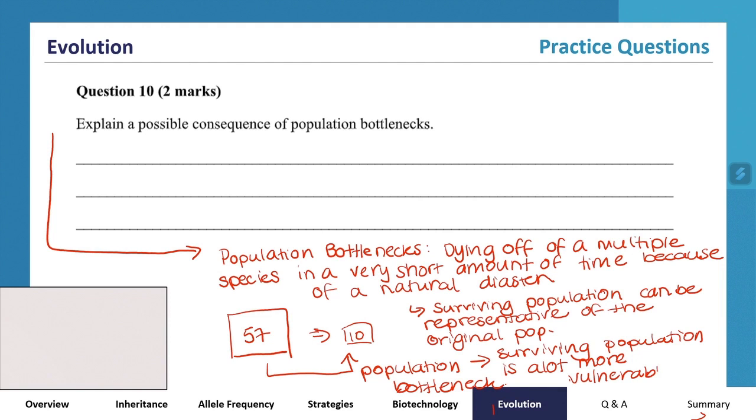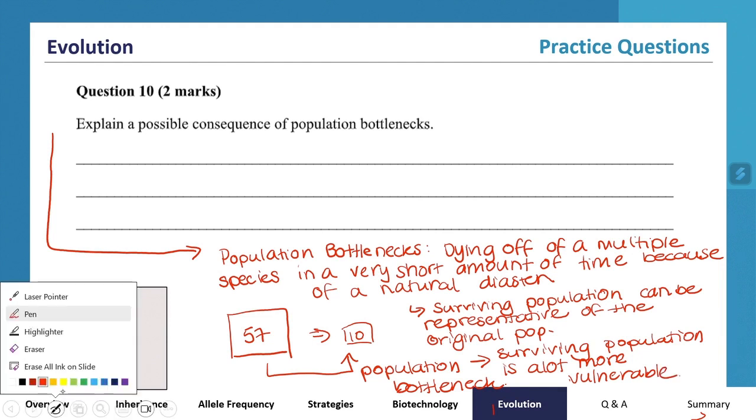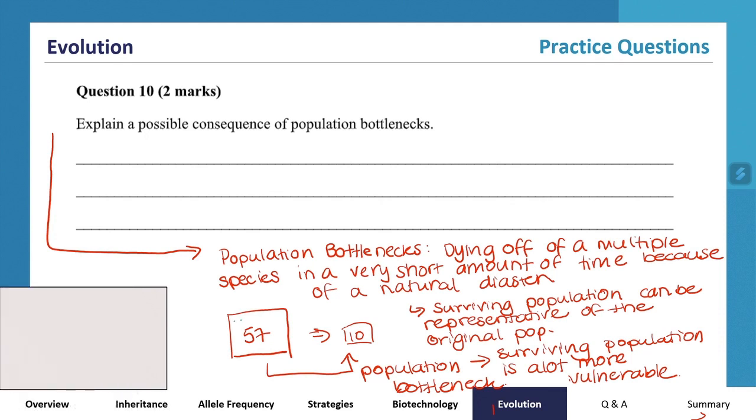And I'll just explain why. If I go back to my example of the 57 original species that existed here, let's say that 20 of these species were producers, 17 were herbivores, 15 were small predators, and the remaining were higher order predators or large predators.